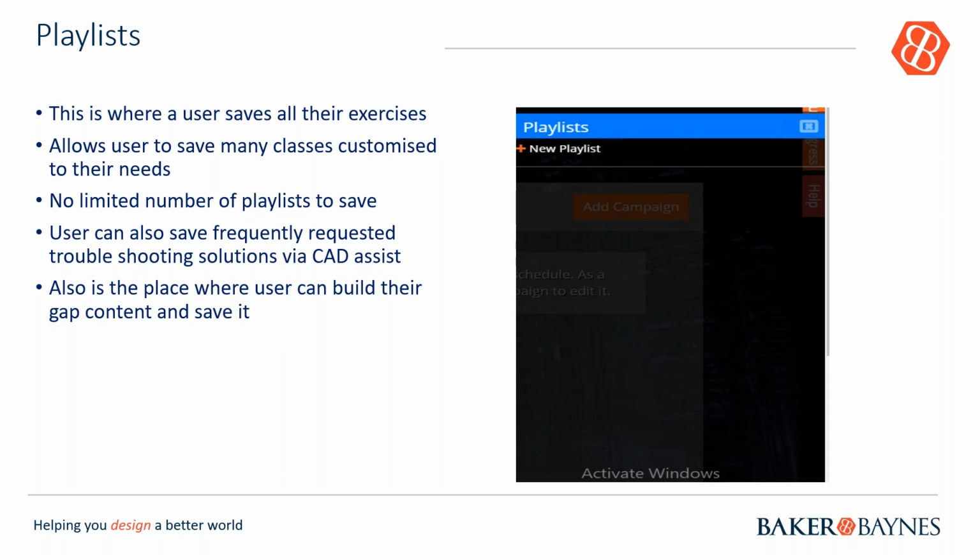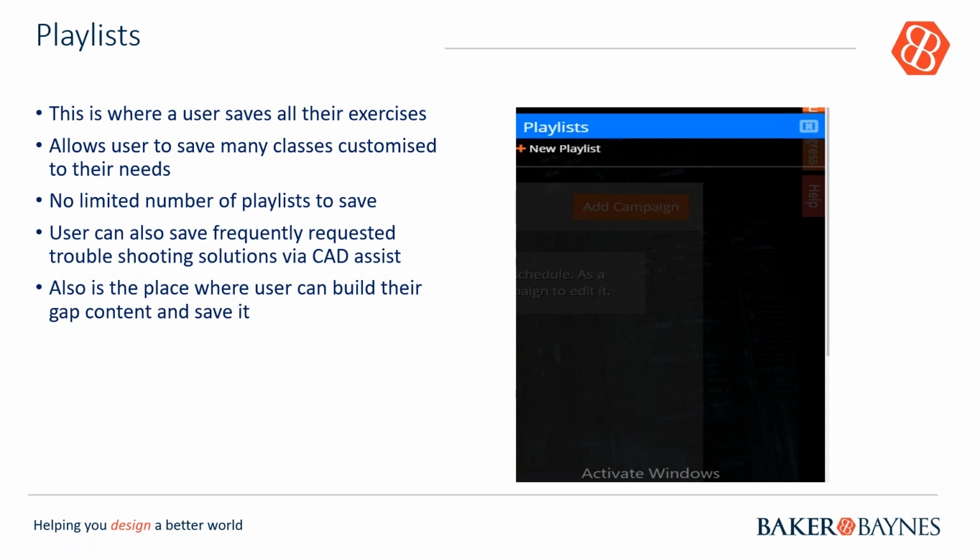So everything that you will be partaking in, for example, if you're a starter in 3ds Max, you can just add Introduction to 3ds Max, the user interface, just adding it as a playlist, and then it allows users to save many classes customized to their own needs.